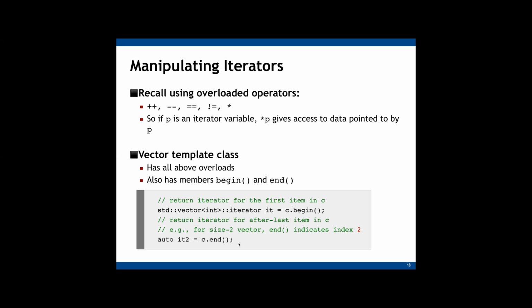The begin function returns an iterator that points to the first element in the container. And the end member function returns a kind of end marker that indicates the end of the elements, very similar to null.